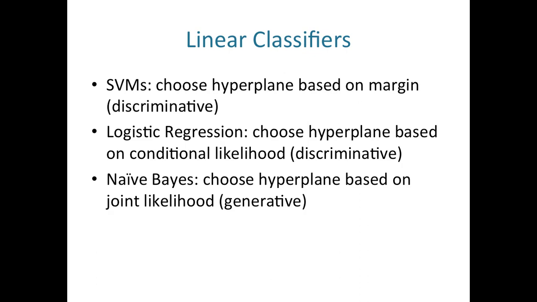Okay, so I think that I already mentioned this when I was discussing that SVMs are a discriminative method. So SVMs or logistic regressions are discriminative because they basically look for boundaries, for separation boundaries between the two classes. In the case of SVM, it's looking for a hyperplane that maximizes the margin. In the case of a logistic regression, it's looking for a hyperplane based on conditional likelihood.